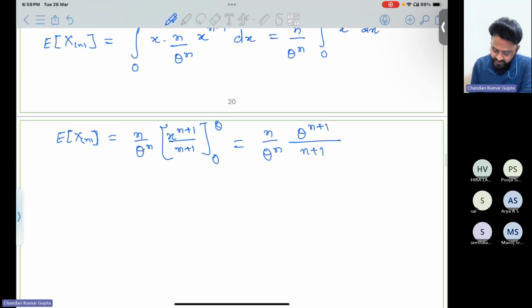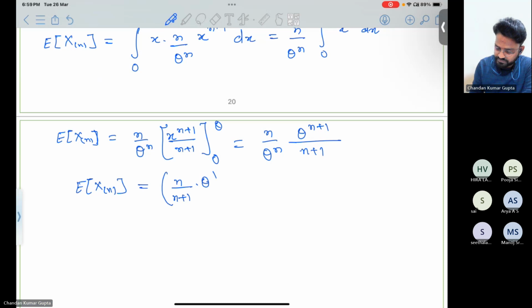So from here, we have found that the expected value of Xn is n upon n plus 1 times theta.